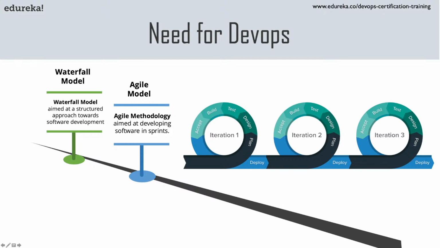Now what happened in agile methodology was that instead of taking all the requirements one time, right, they took requirements in parts. So in the first iteration, let's say the software is divided into 3 iterations, whatever requirements have come in, they will only develop the important features, and they will try to give that to the team who wants the software to be developed, maybe within a month, or let's say within 15 days or 20 days.